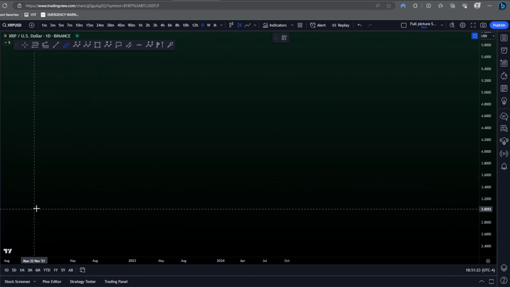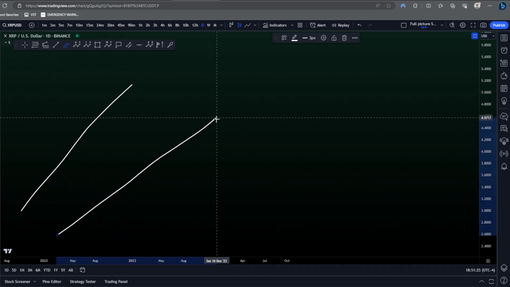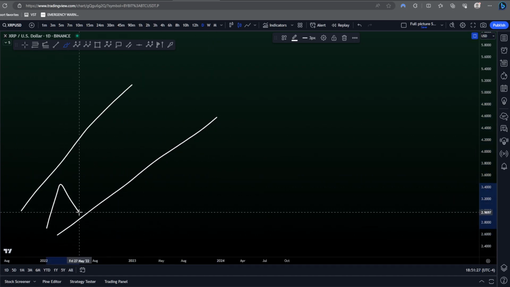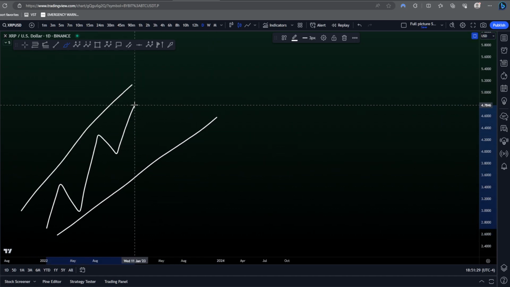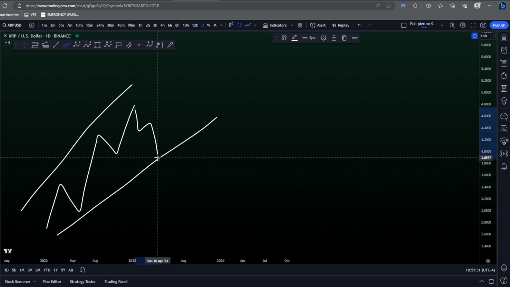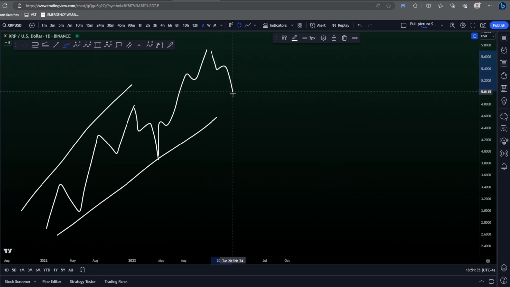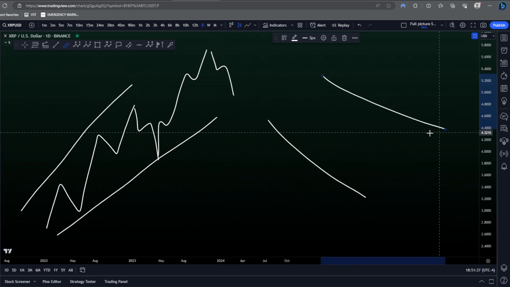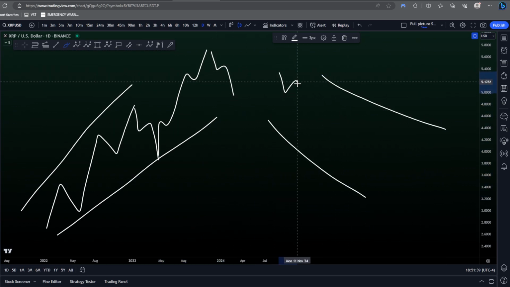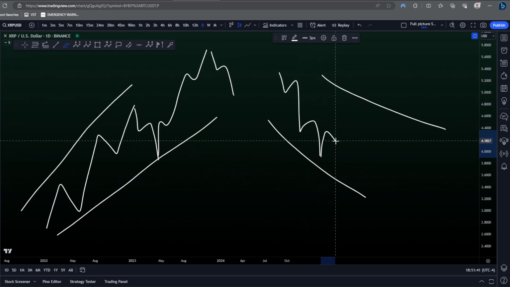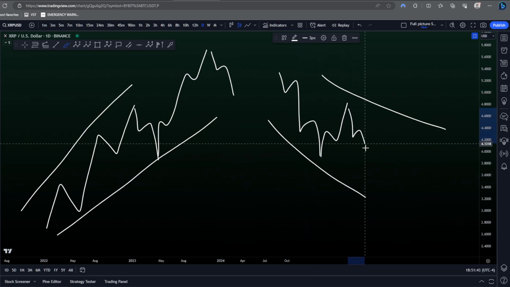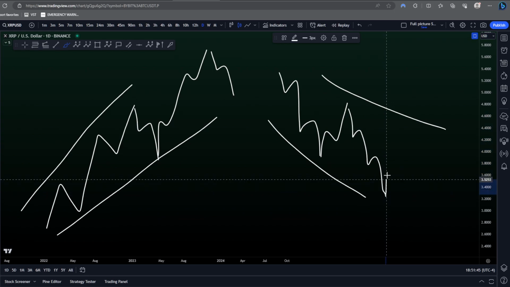In a bullish trend, you will get impulses, corrections, impulses, corrections. In a bearish trend, you will get impulses, corrections, impulses, corrections, so on and so forth.